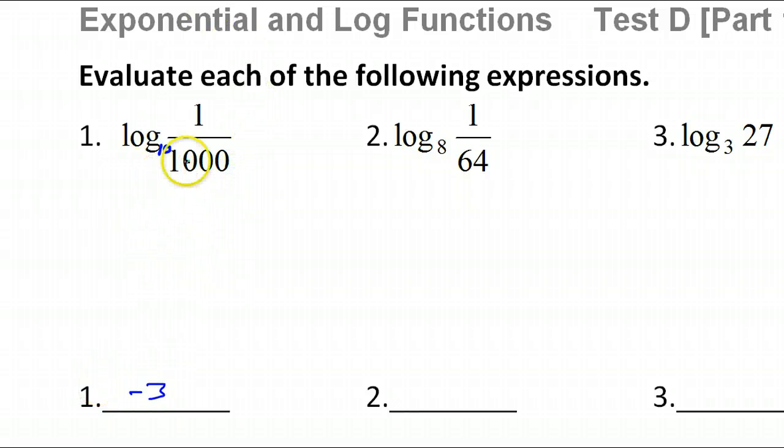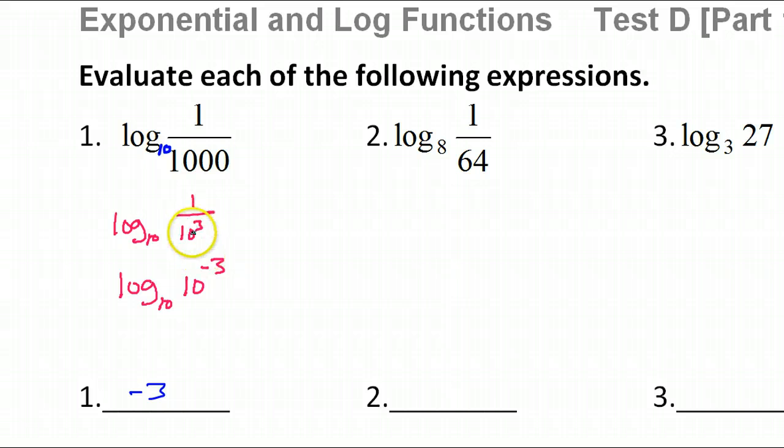Here's the other way. This is log base 10 of 1 over 10 to the 3rd power, right? 1,000 is 10 to the 3rd power. And this would be the same thing as log base 10 of 10 to the negative 3 power. Negative 3 power is the same as 1 over something.